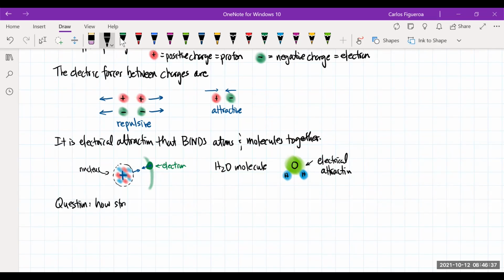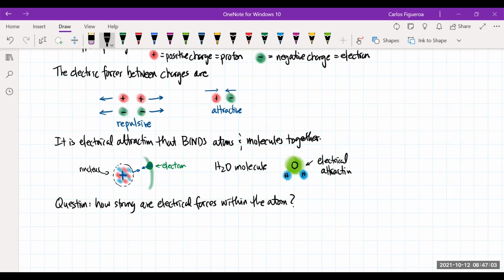How strong are electrical forces within the atom? And I'm going to answer this two ways, okay?